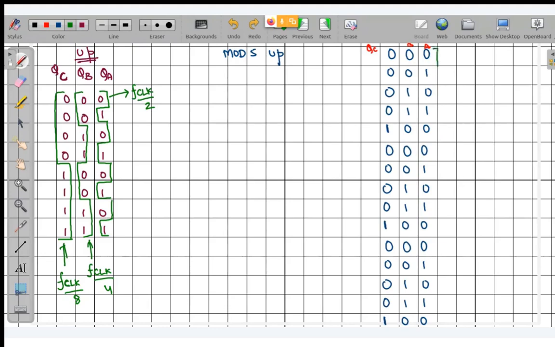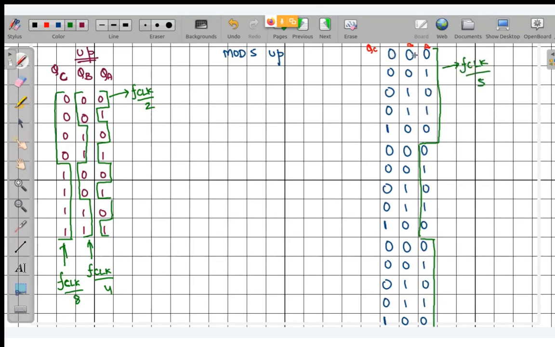If I am taking from 0, it should again start repeating from 0. So this is the repeated state. This is one repetition, this is another repetition, this is one more repetition. So this will be f clock by 5.